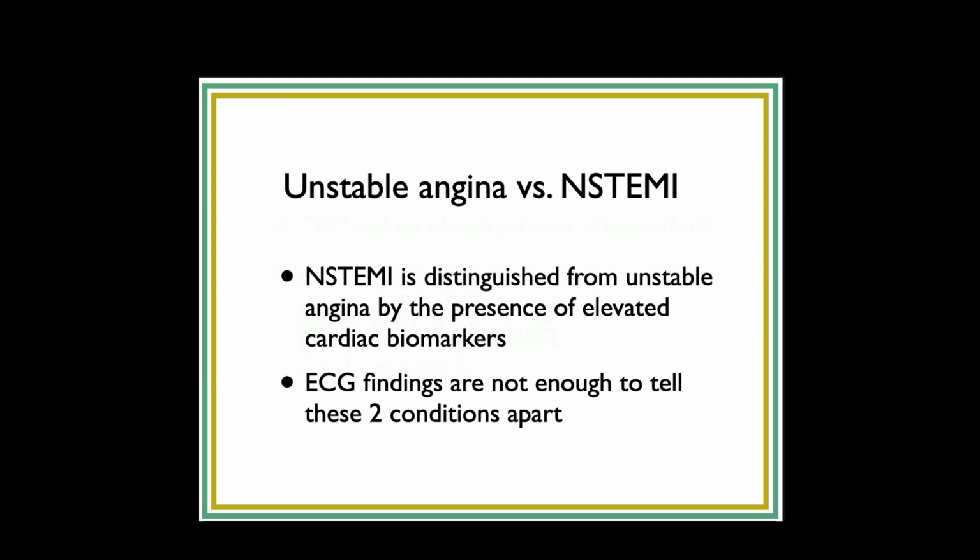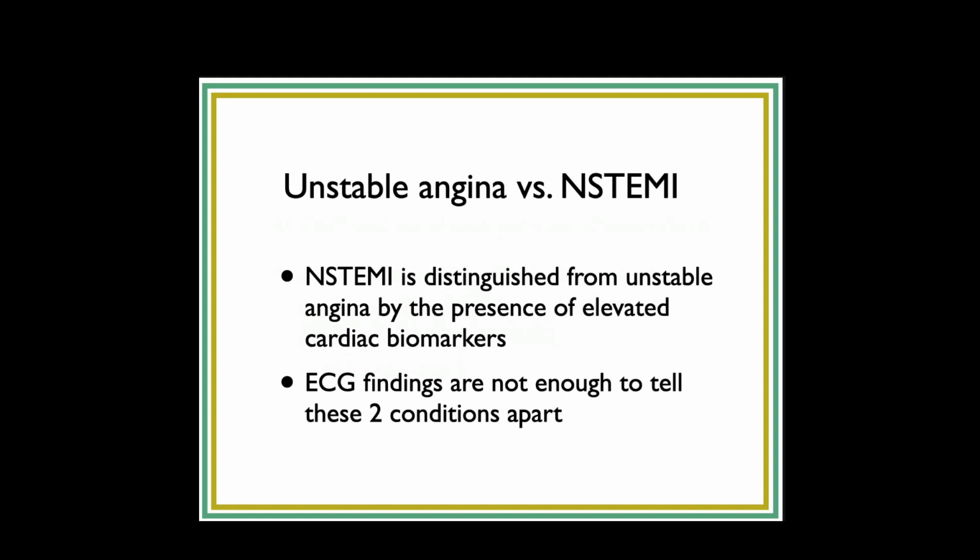So, now that we know what we mean by unstable, what's the difference between unstable angina versus NSTEMI? Now remember, in both of these there's no ST elevation, okay? Mr. Jones comes back from walking out to his mailbox and he sits down and the pain doesn't resolve, so he calls you and you come and of course you do a 12 lead and there's no ST elevation.